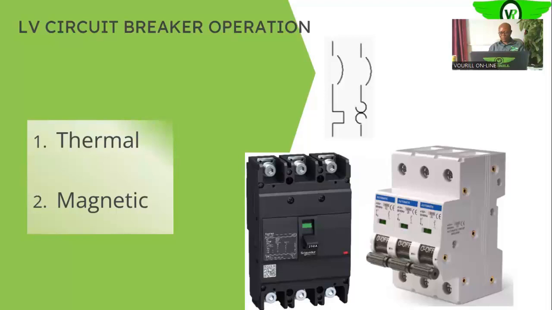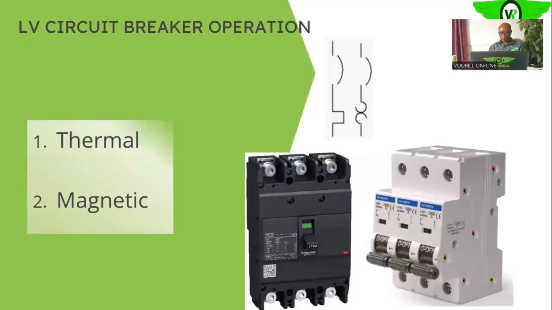If we allow such an amount of current to flow through the circuit, even for a second, it can cause a lot of damage. To avoid that, we need a tripping mechanism that will respond instantaneously when we have such a condition in our circuit. That is where the magnetic circuit breakers, or the magnetic trip element, comes into play.